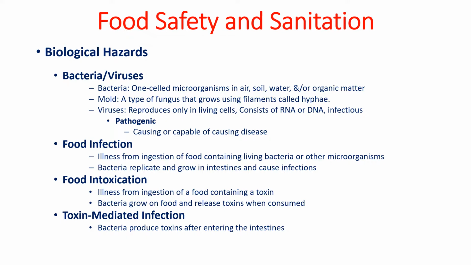As you see here on the slide, it's illness from ingestion of food containing living bacteria or other microorganisms. The load of bacteria or other microorganisms on that food is sufficient to cause some sort of illness in the person that has eaten or consumed them. Bacteria can continue to replicate and grow sometimes and cause the infection.